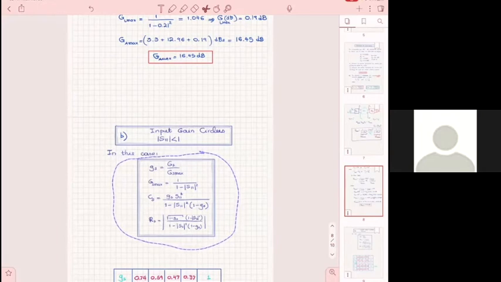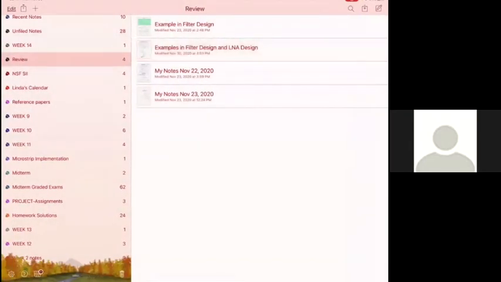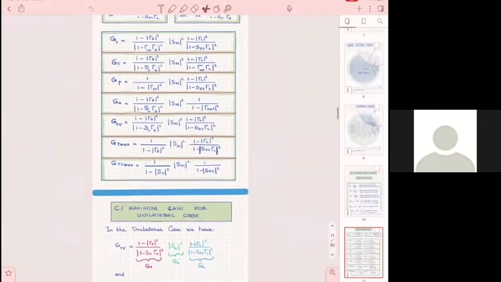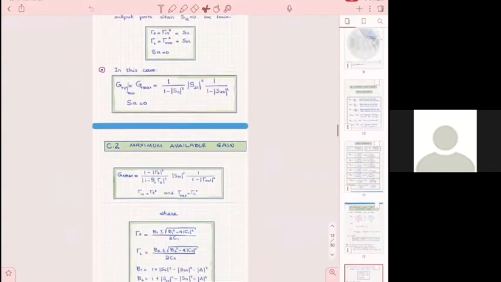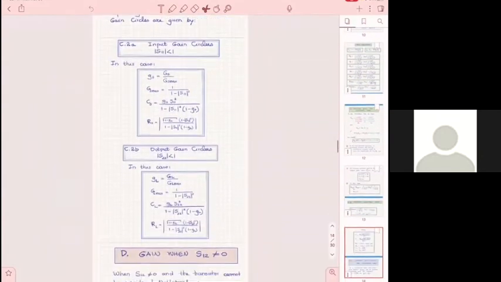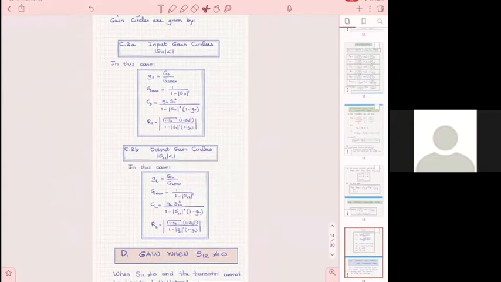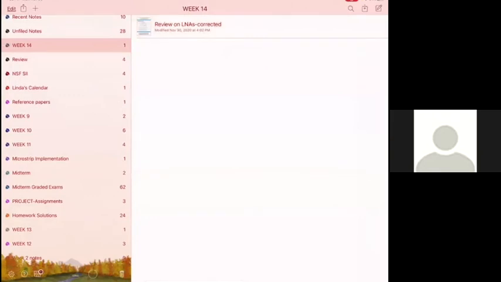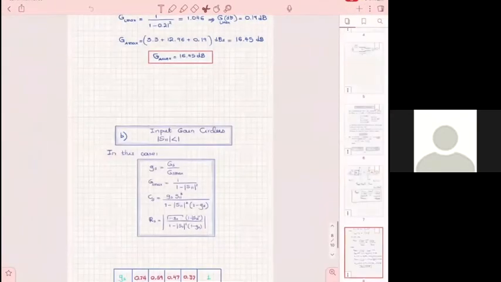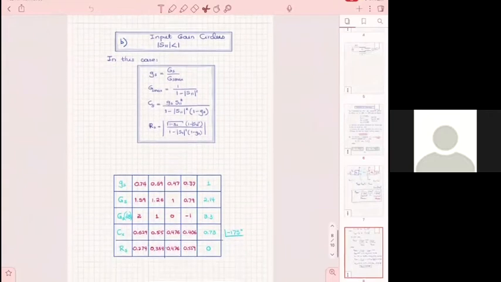And it's in the notes also, if you look at these notes, I have put everything there for you, here for input and here for output. All right. So go back to our own. Okay. So the input gain circles. Then what do I do? I go and create this matrix.